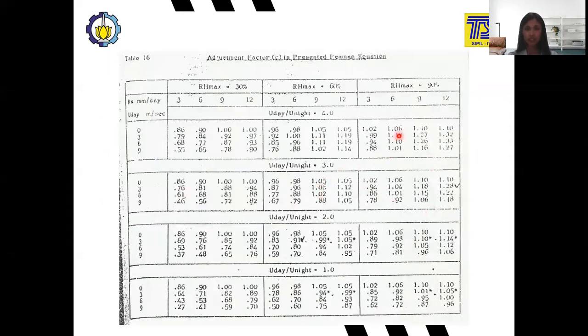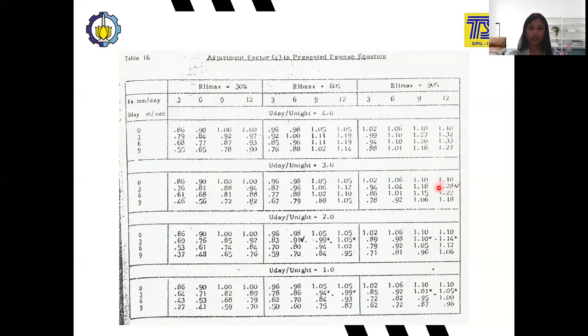So in this table, for Rs 12 millimeters per day, RH maximum 90%, U-day divided by U-night of 3, and U-day of 3 meters per second, we will have the adjustment factor of 1.28.